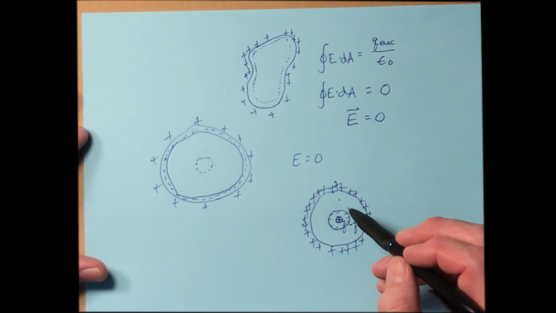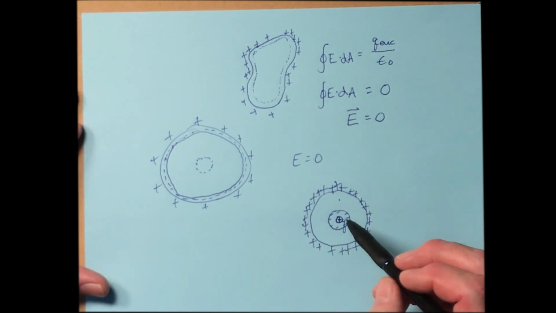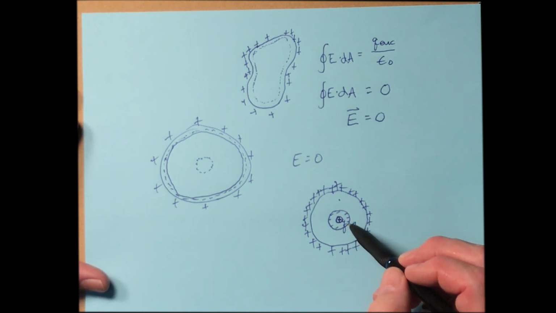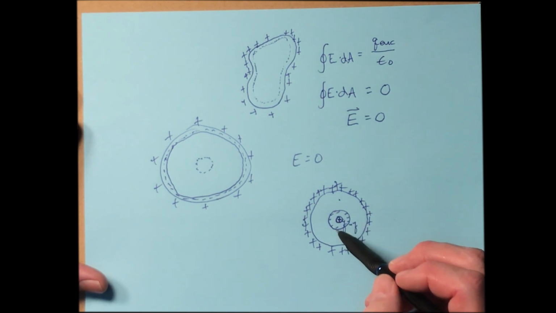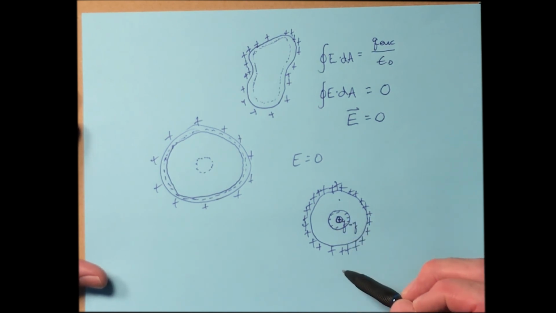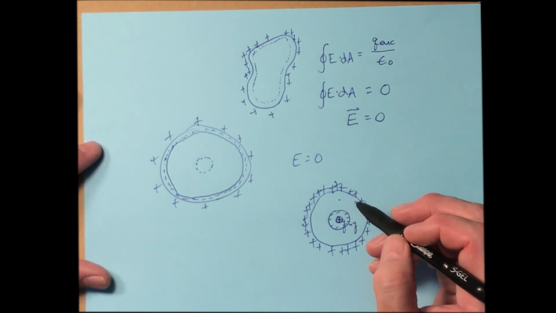Now what does that mean? That means we've got extra positive charge out here to make up for the fact that we've got this negative charge built up on the interior of the hollow wall. And the only reason that charge is there is because we have a positive charge that's present at the center.